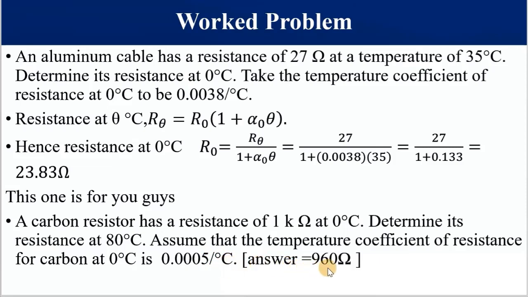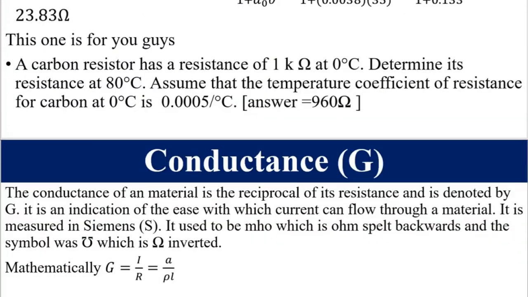Your answer must be 960 ohms. Guys, this is easy. If you solve and you get that, don't forget to send me the screenshot on YouTube or on my WhatsApp number, or even my email.